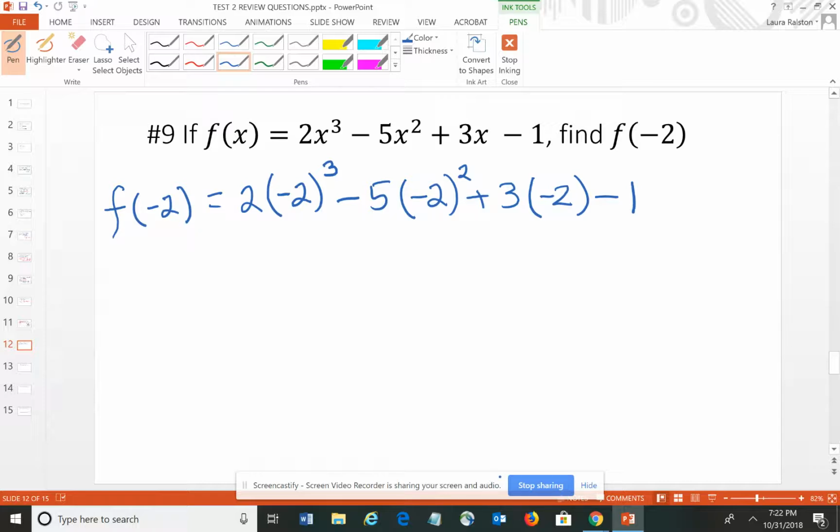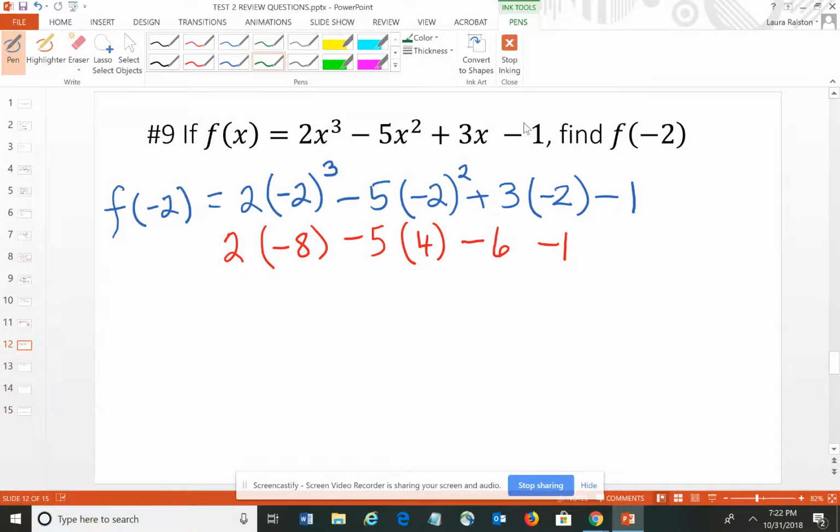Now I'm going to work it out by hand. So following order of operations, we do the exponents first. So 2 times negative 2 cubed would be negative 8 minus 5, negative 2 squared is positive 4, plus 3 times negative 2 would be negative 6 minus 1.